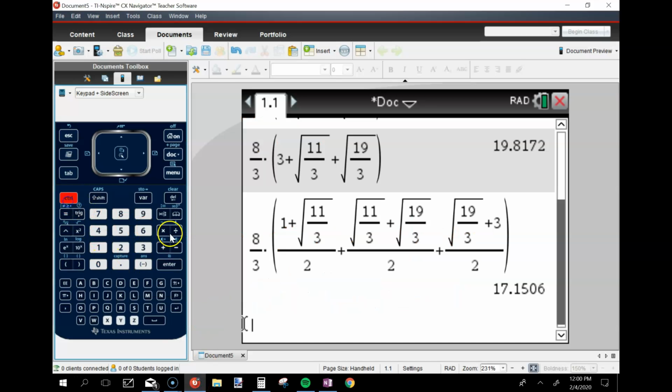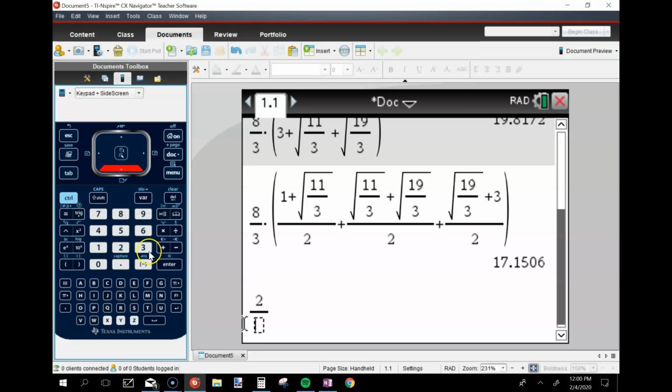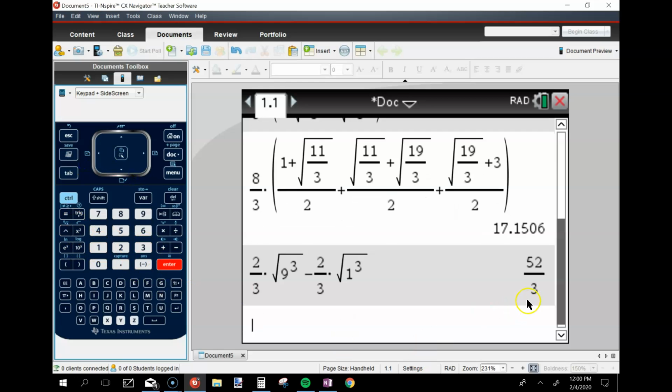All right, so if we put it in the calculator, we have 2/3 times the square root of 9 cubed minus 2/3 times the square root of 1 cubed. 52/3. Oh, check it out.